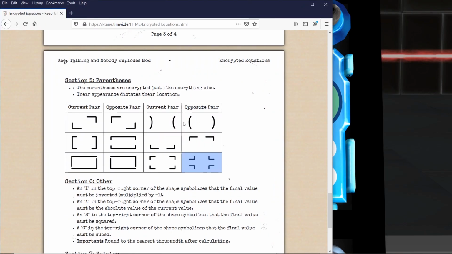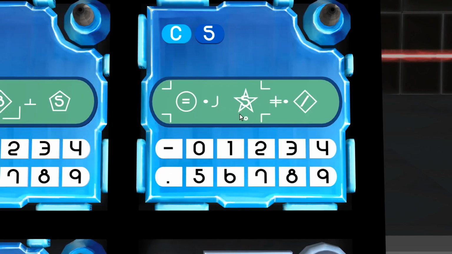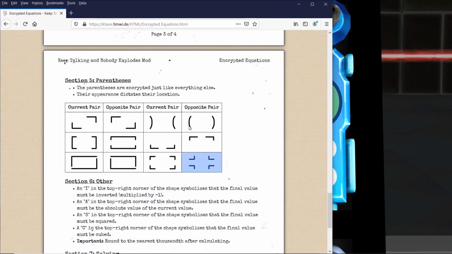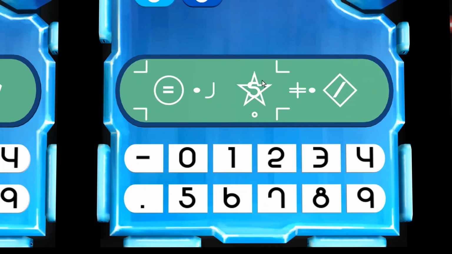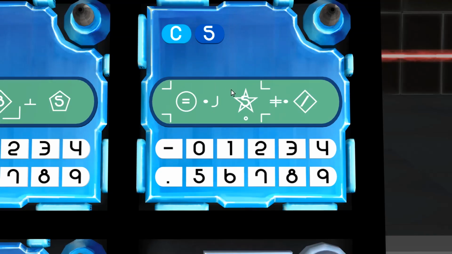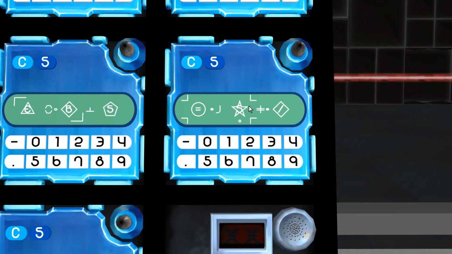You could have an actual parenthesis, you could have a reverse parenthesis, etc. The thing that is special about these, however, is that based on their shape, they could either apply to the 2 symbols they're around, so in this case, these 2 symbols, or they could be talking about the other 2 symbols. The middle symbol is always going to be applied first, but that's beside the case.